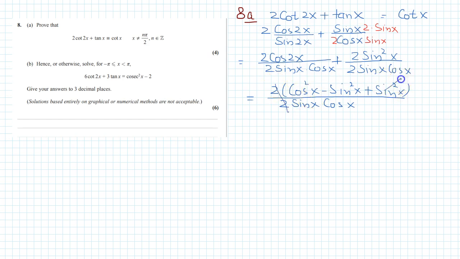This 2 cancels, sin and sin cancel, this cos square cancels, so this is cos x over sin x. So this is equal to cot x. This is what we are supposed to prove. Hence proved. Now part B.